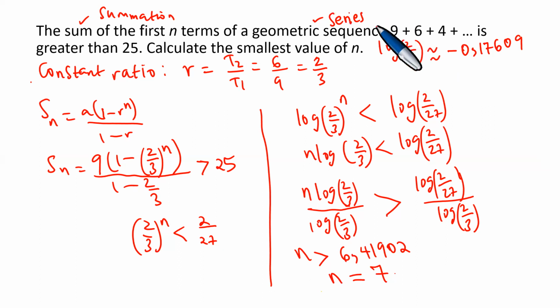A sequence would be 9, 6, 4, and so on. Just something for you to note, but I've taken this question from some material. The person did not type it correctly. It should have been a geometric series because of summation. But yeah, we're done with this.